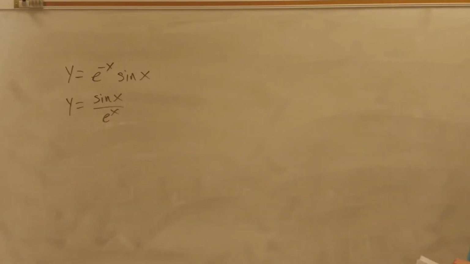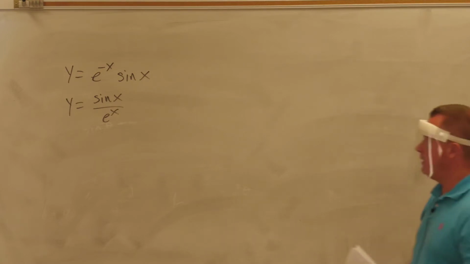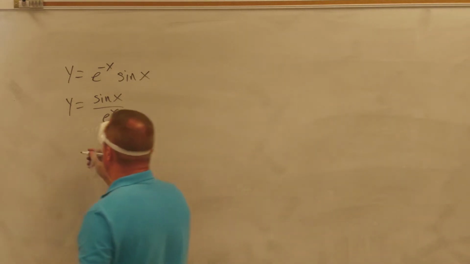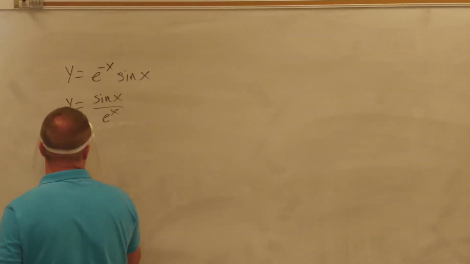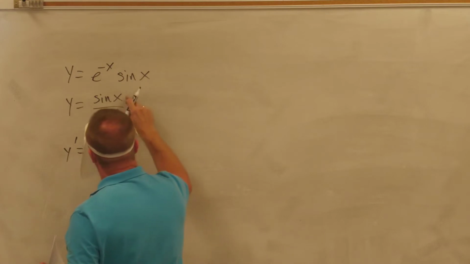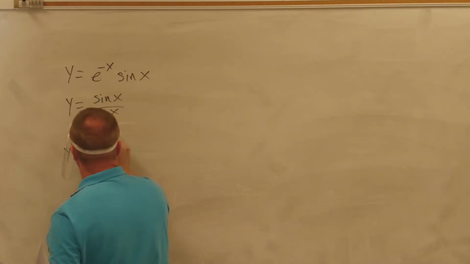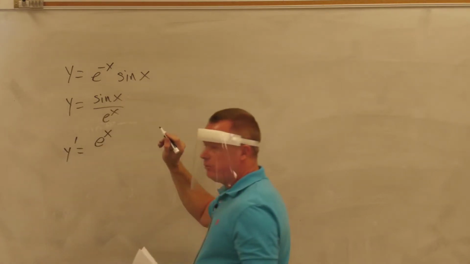Now, to find the derivative, what rule do I need to use for that one? Quotient, because you have a function of x divided by a function of x. So y prime equals, I start with the bottom. Bottom times the derivative of the top, so e to the x times the derivative of sine.